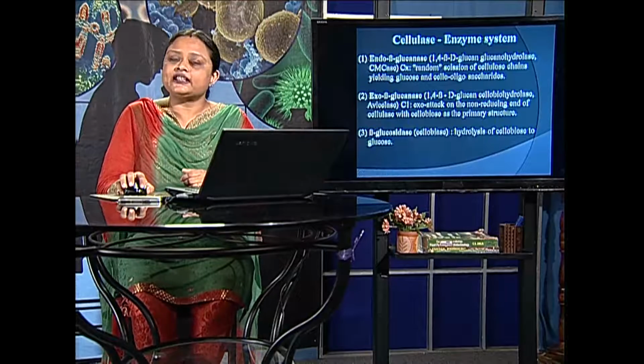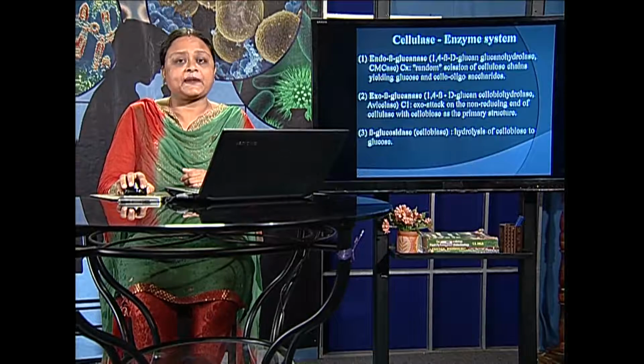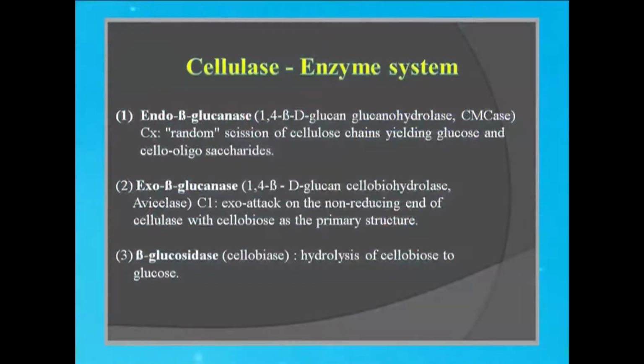And the enzyme cellulase actually is an enzyme system, meaning it has three or more different types of enzymes which are working in coordination to cleave the cellulose into its respective units. These components are endo-beta-glucanase, exo-beta-glucanase and beta-glucosidase. How do they act?